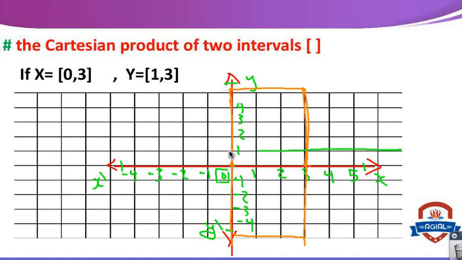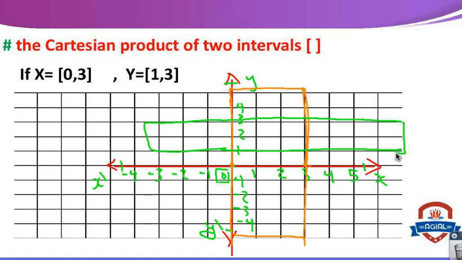Again, number 1 represents interval X on the x-axis, the closed interval 0 and 3. Number 2 represents interval Y on the y-axis, the closed interval 1 and 3.